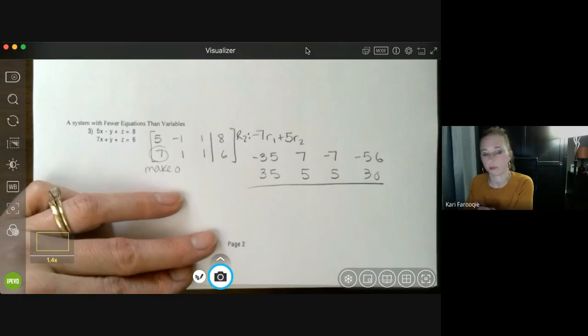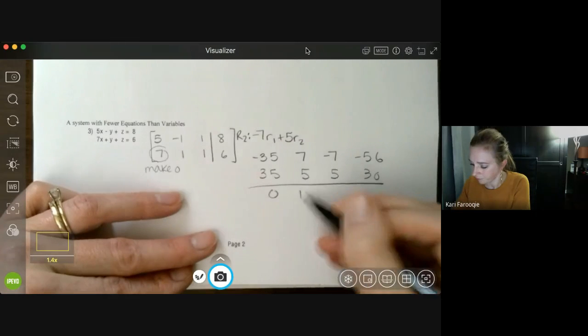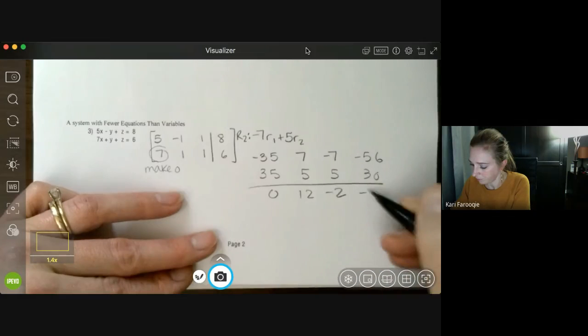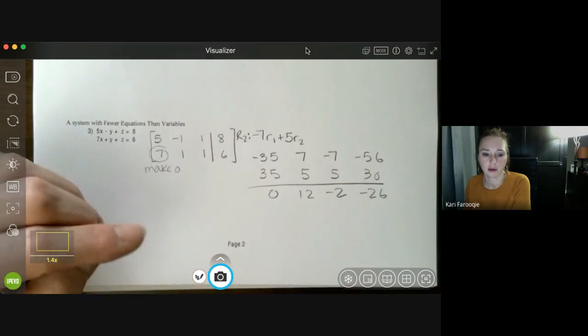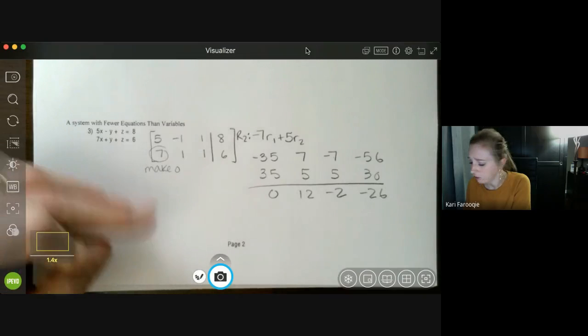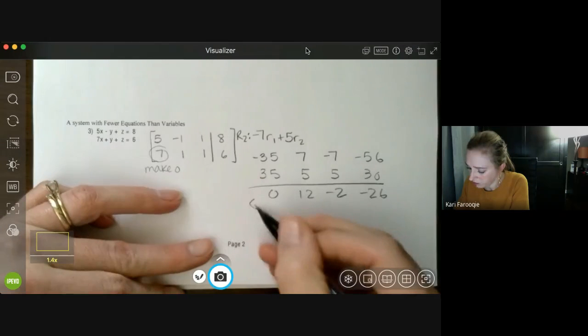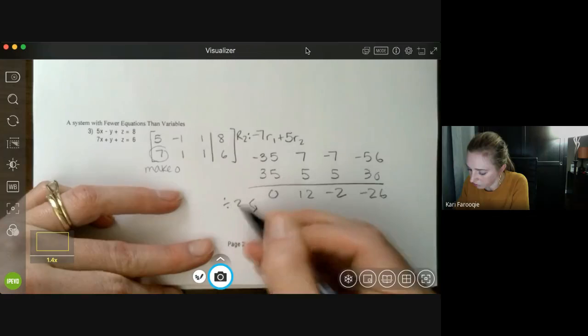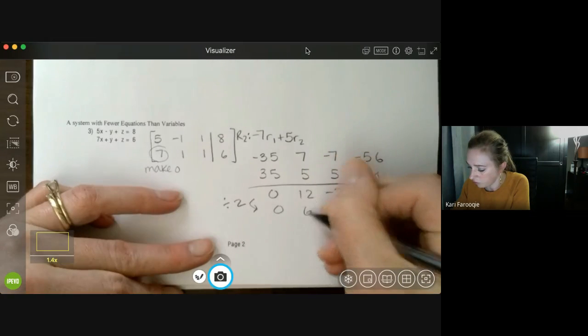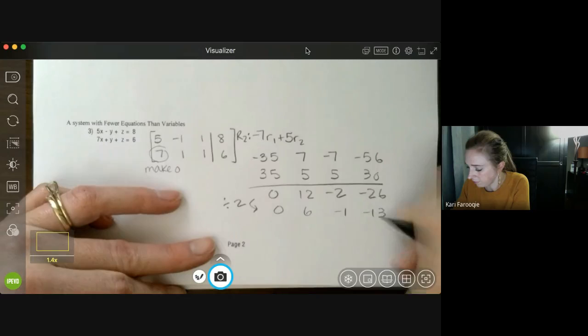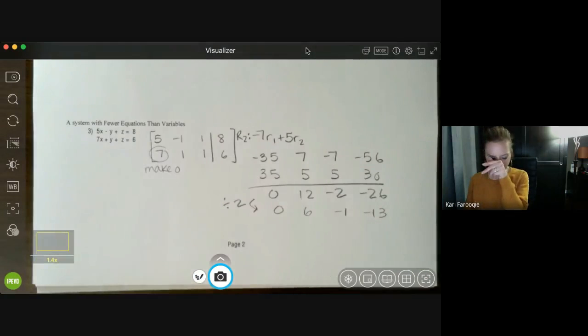And add them up. If you see that there's a common factor, you might want to just go ahead and divide it out. I mean, for instance, I'm going to divide by 2 just because I would like to have some smaller coefficients to deal with. And then we'll put this back together.